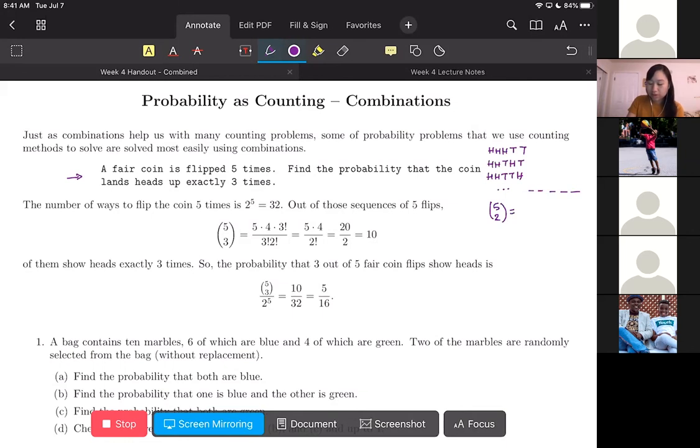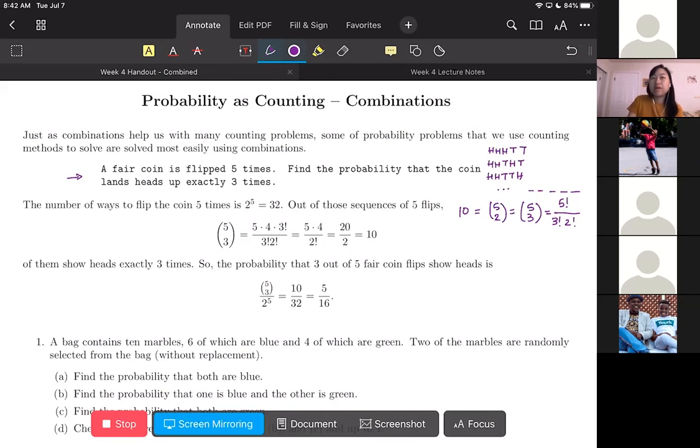Another way you could think about this is we have 5 flips, we want to choose 3 of them to be heads. And another way you can think about this is I have 5 flips and I have to order 3 H's and 2 T's, and then I have to correct for overcounting. So there's 3 H's I have to correct for and 2 T's I have to correct for. All of that will give you the same number, which is 10 in the numerator.